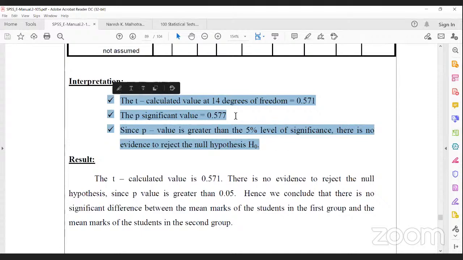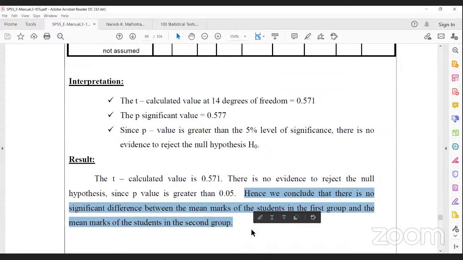This is how we tell it in a statistical way. What we conclude, we have to conclude according to the problem specific. Statistically we have interpreted, but when we write this, we apply it to your domain, the specific problem.